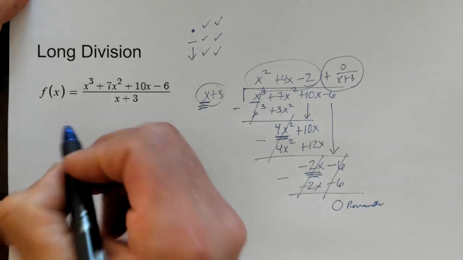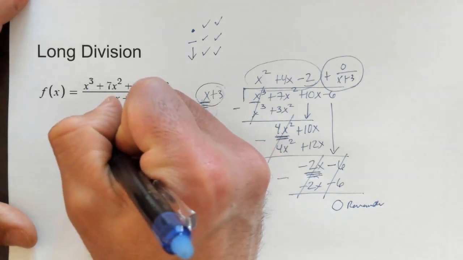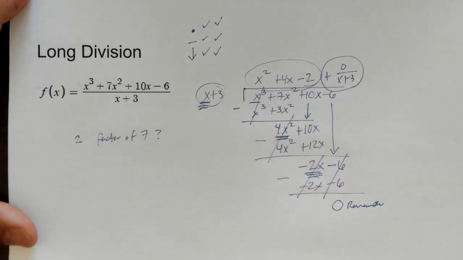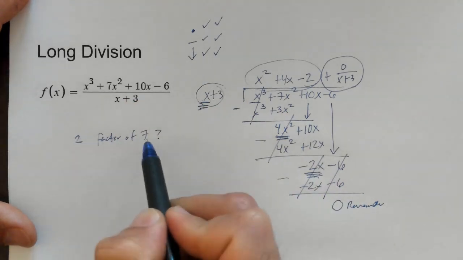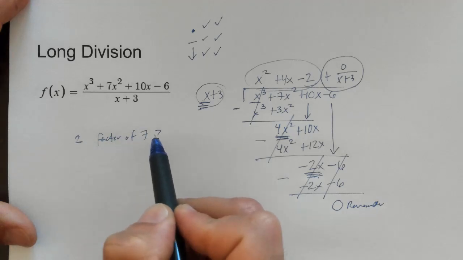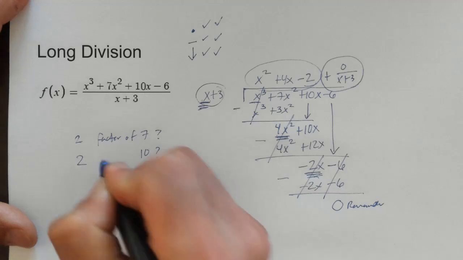Think about it this way. Is 2 a factor of 7? No, because 2 does not fit into 7 evenly. When you go 2, you can go up to 6 and you have a remainder 1. But does 2 go into 10?